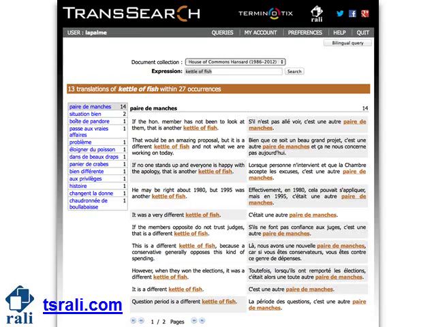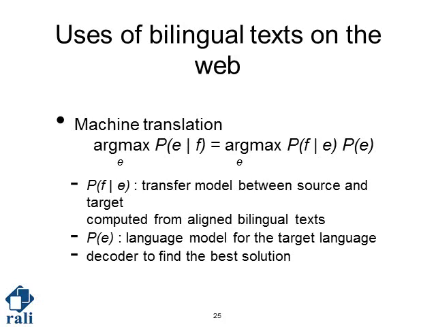We can also use Bible text to develop machine translation. The idea is that we try to find the best way, and usually it is based on two types of models.